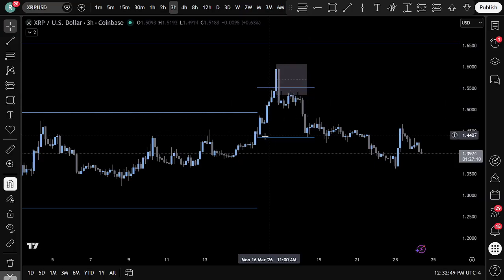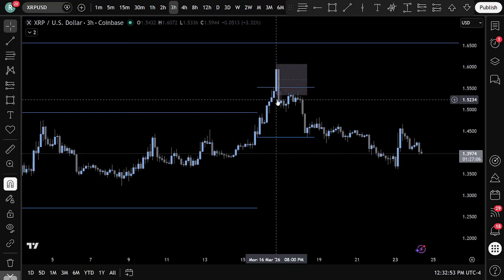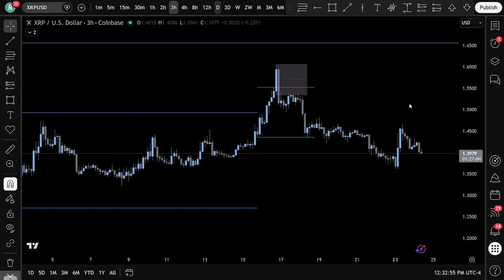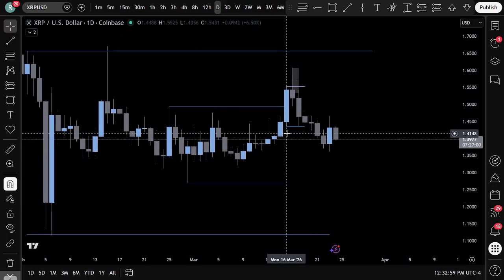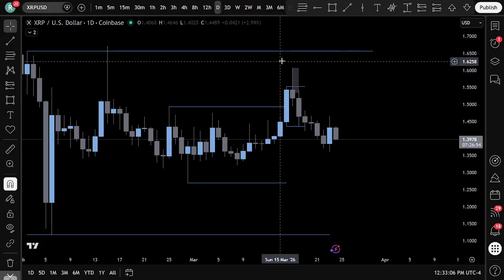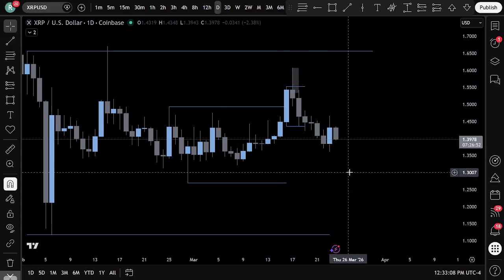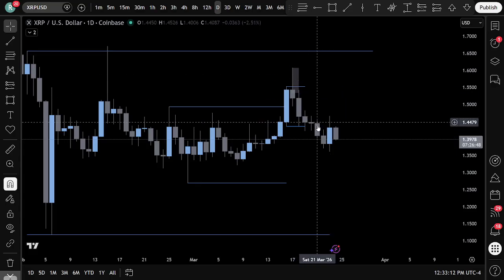So we came to our daily high, 3 hour shifts. When we come to the daily low, does order flow shift? Yes. And we can continue to fractalize this all the way down.